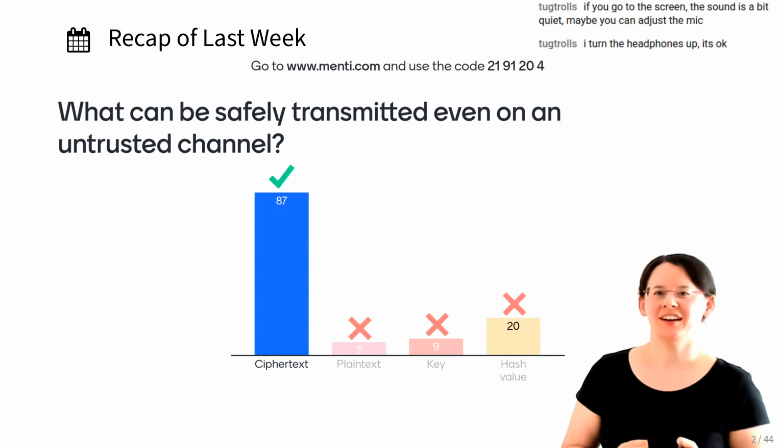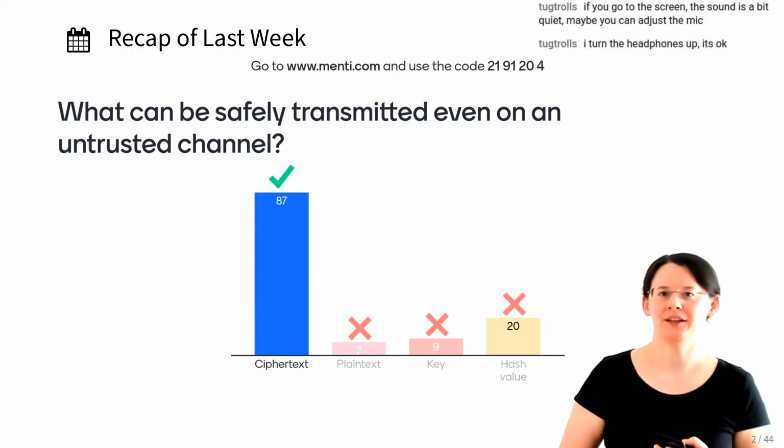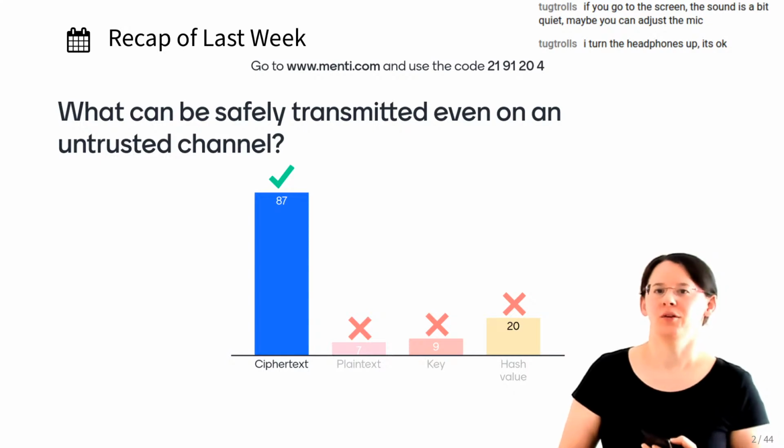Okay, this one had a clearer answer again. So yes, it's indeed, in case of an encryption scheme, the ciphertext that we can safely transmit without any problems.